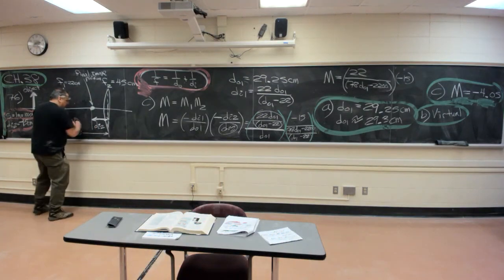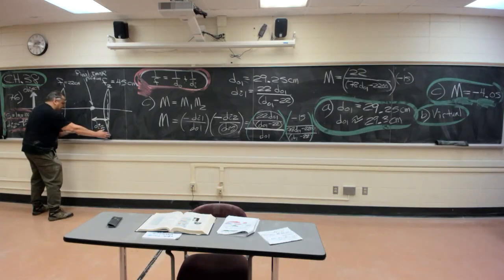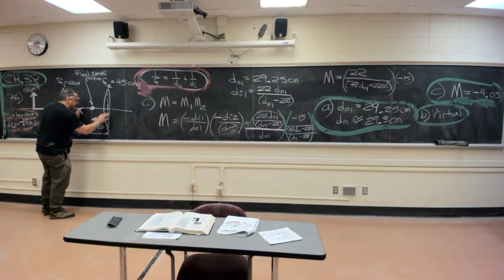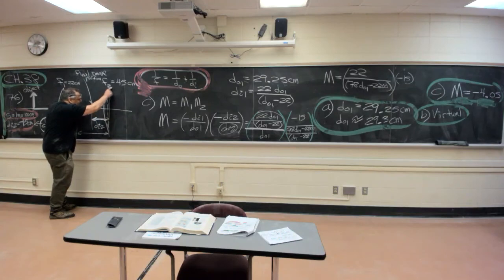Subtract this distance DI1 from this distance S, which is 100, and we end up getting DI1's distance to get to the second lens.